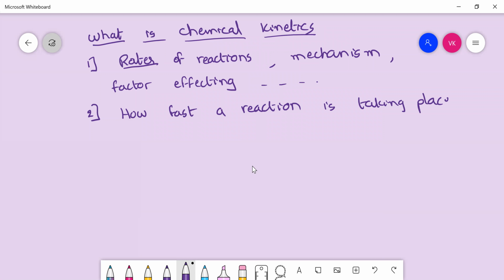So based on rates, we can classify reactions into three types. Types of reactions based on their rates. First one is very fast reactions.